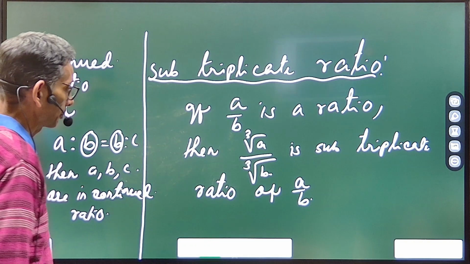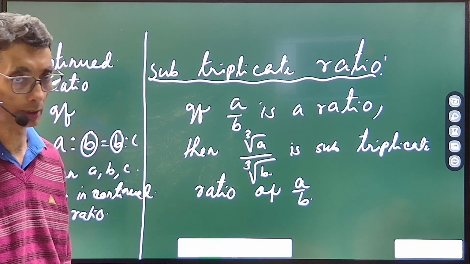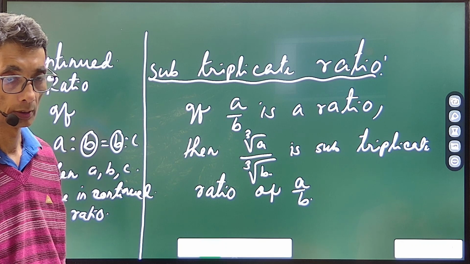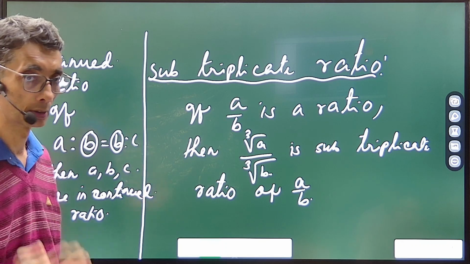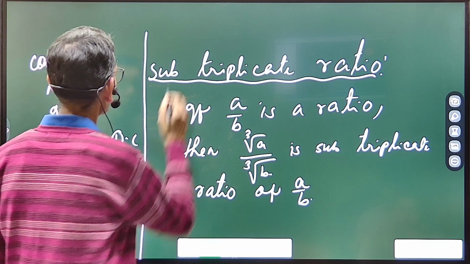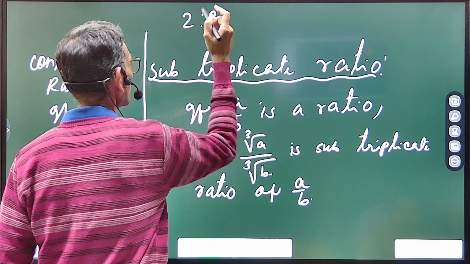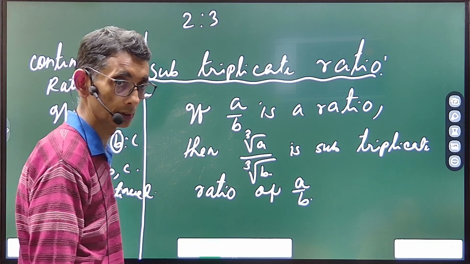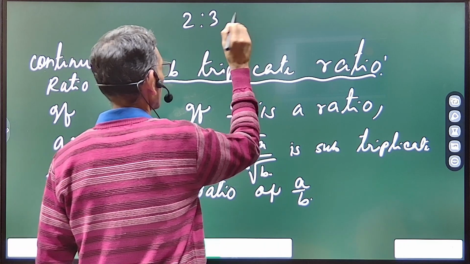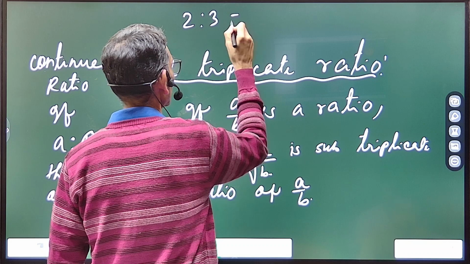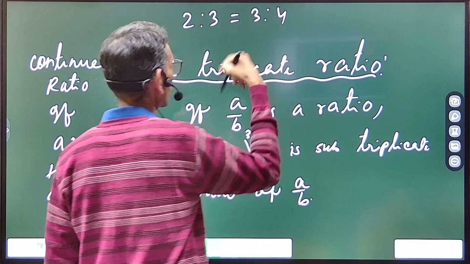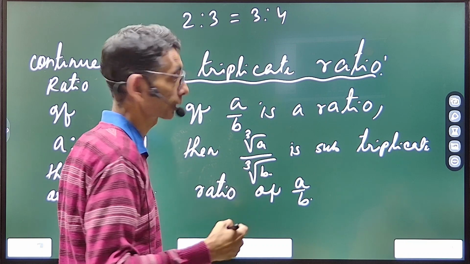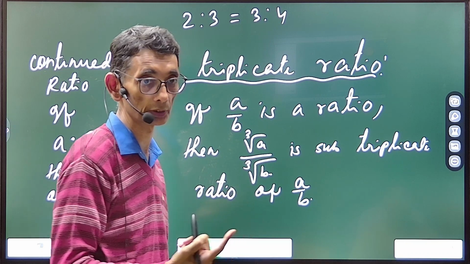So can you give an example of a continued ratio? Give an example. Take three numbers which are in continued ratio. 2 is to 3, 3 is to 4. Let's see, like 2 is to 3 is equal to 3 is to 4. But then only 2 by 3 should be equal to 3 by 4, and 2 by 3 is not equal to 3 by 4.